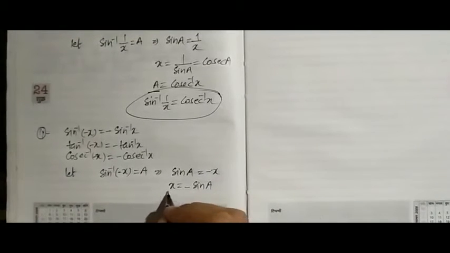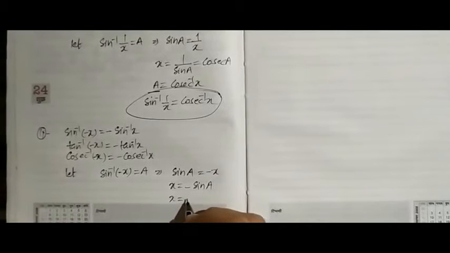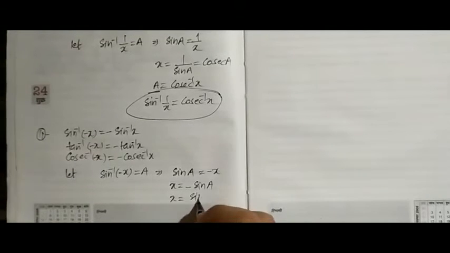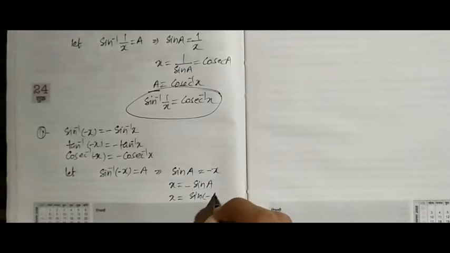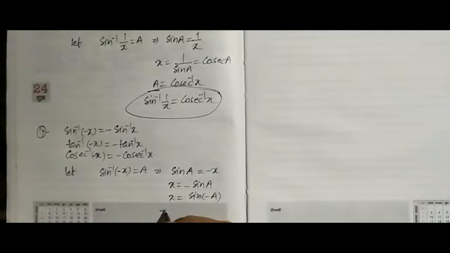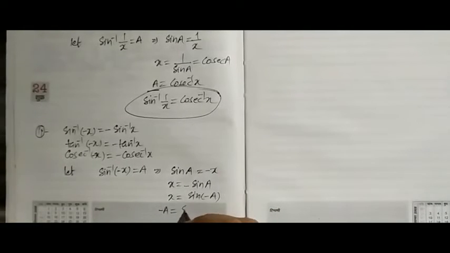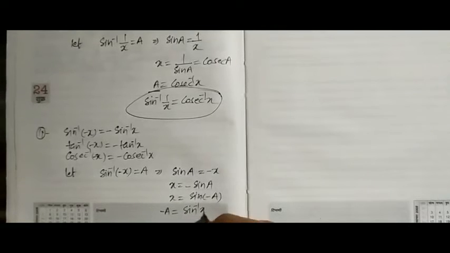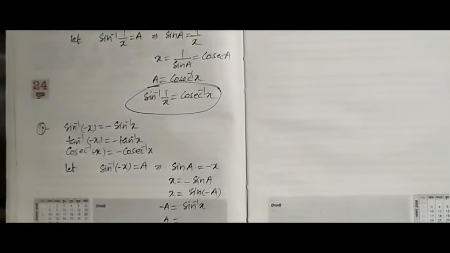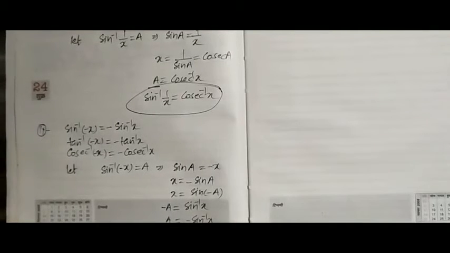Then it can also be written in the form x equal to sine minus a, then minus a equal to sine inverse x, then a equal to minus sine inverse x. So you can write sine inverse minus x equal to minus sine inverse x.